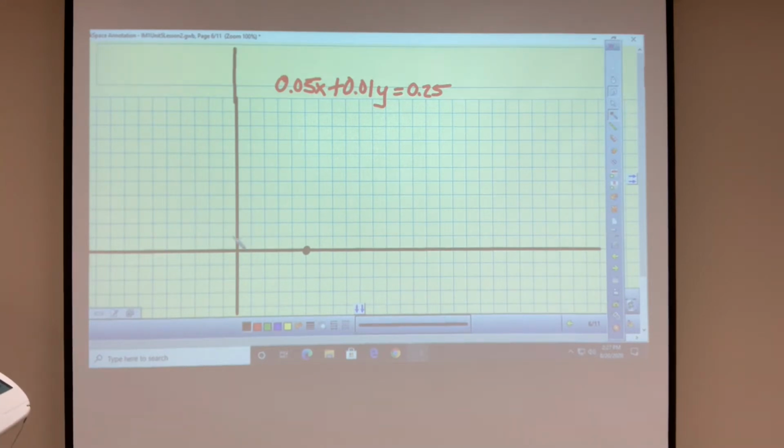So the scale's 5: 5, 10, 15, 20, 25. Let me redo that, make sure it's a little bit better here. There we go. Then we can put arrows to extend it out forever in both directions.